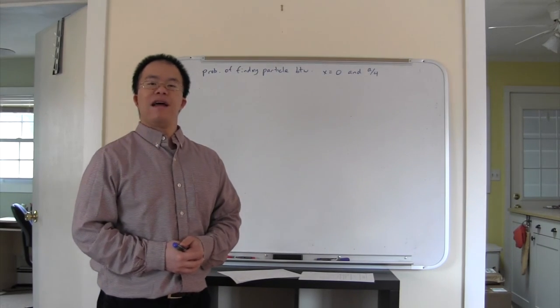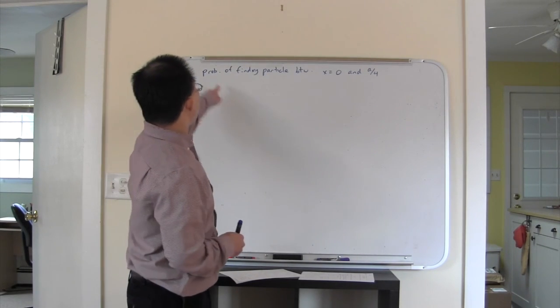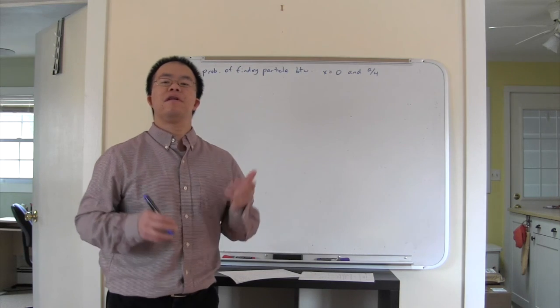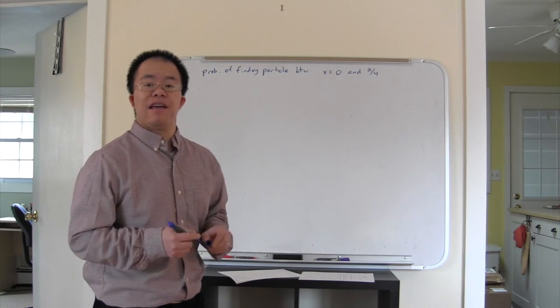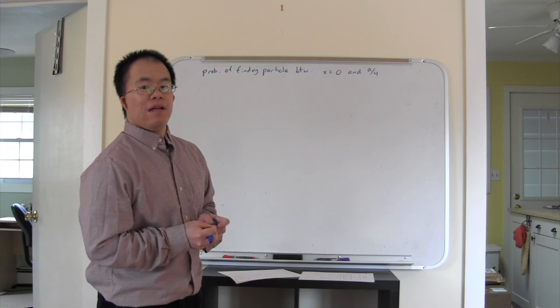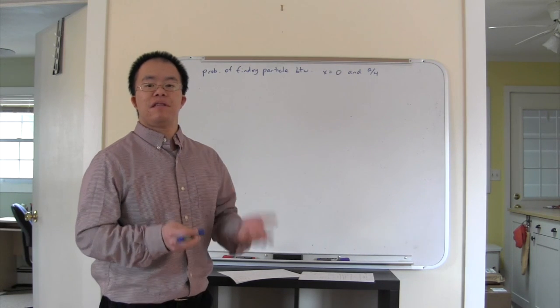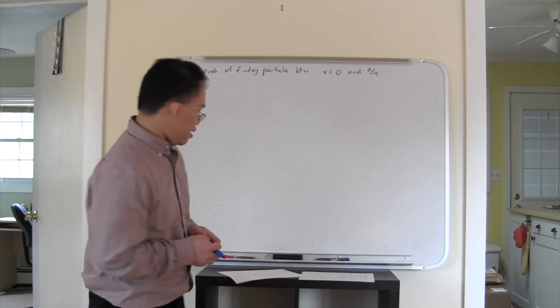The next part asks us to calculate the probability of finding our particle between x equals 0 and x equals a over 4. So now we just have to integrate the probability density again.